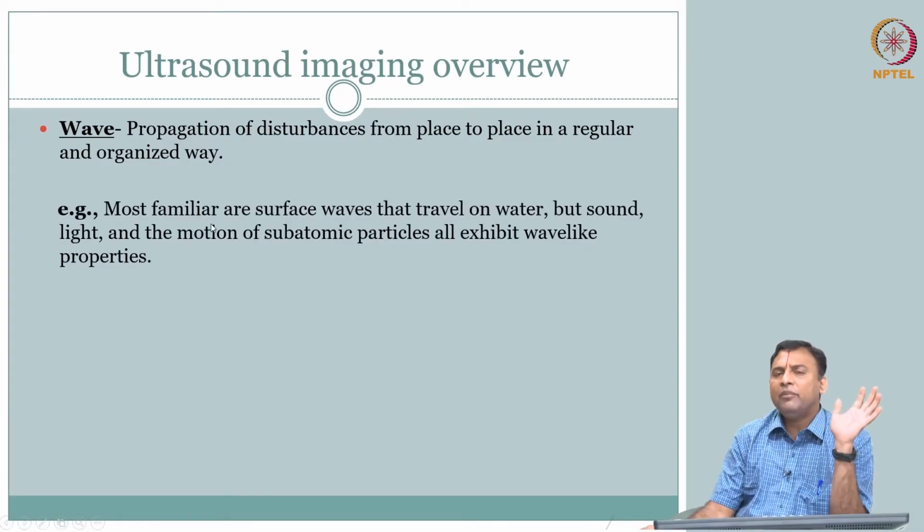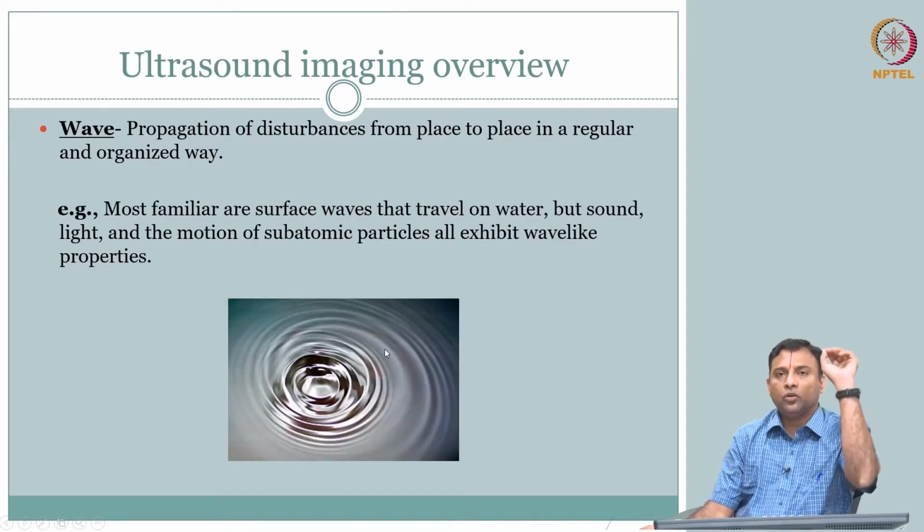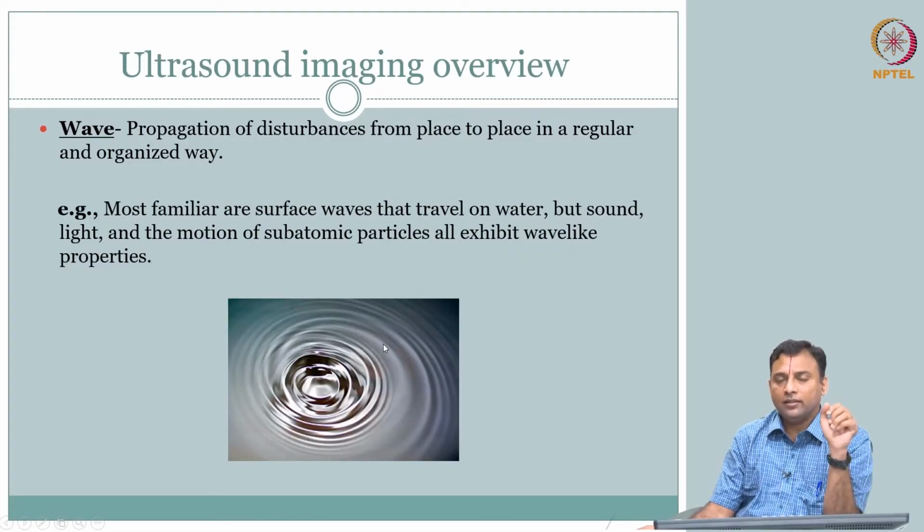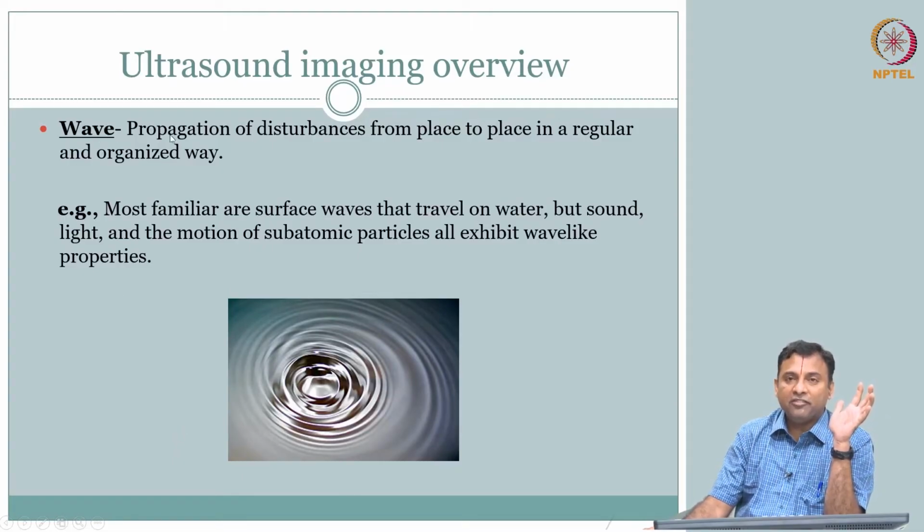We are all very familiar with waves. For example, you throw a stone into the water, you will see ripples, you will see the waves that are moving on the surface. But what is the wave that we have described here? Propagation of disturbance in a regular and organized way. When you throw the stone, you have seen the wave.